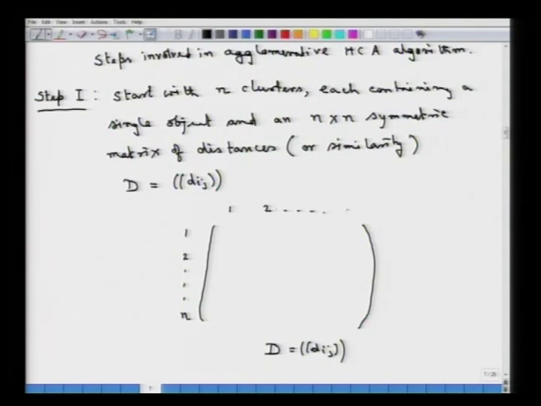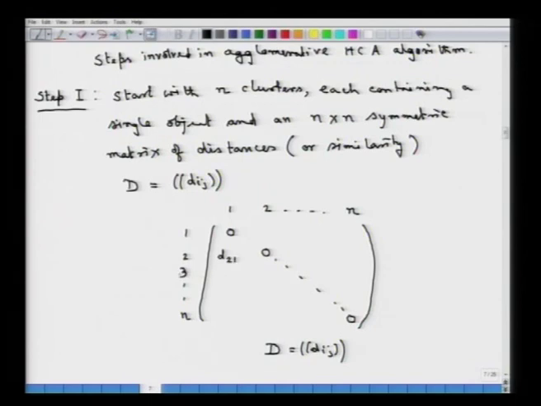This is a symmetric matrix wherein the diagonal element is the distance between 1 and 1, so that should logically be 0. All the diagonal entries of this distance matrix are going to be 0, and then this gives us the distance between the first and the second object, D21.